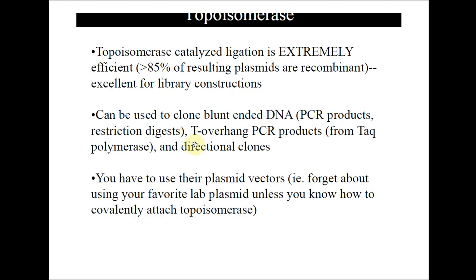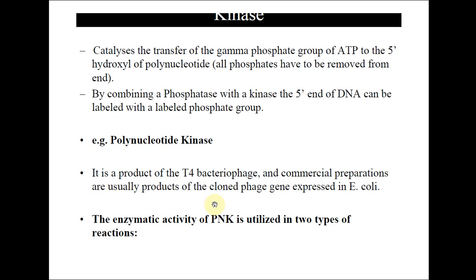Topoisomerases are used for reducing the strain on the DNA. Kinases, polynucleotide kinase is used for phosphorylation.